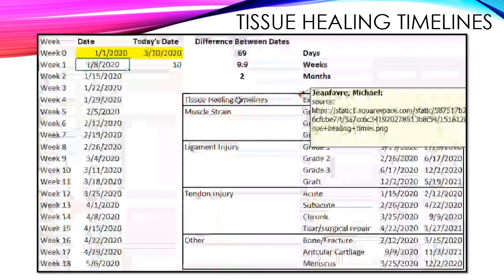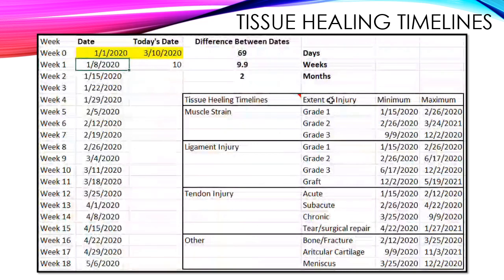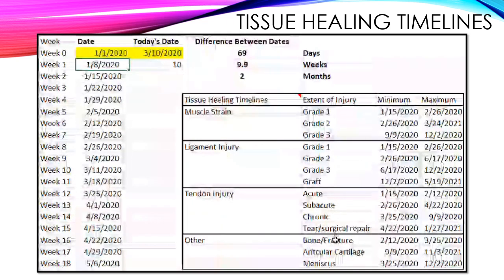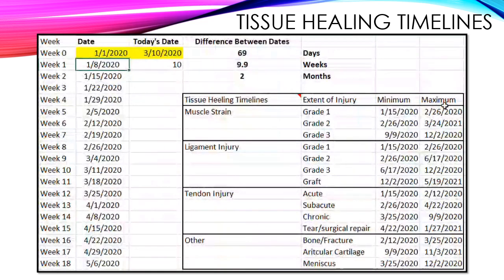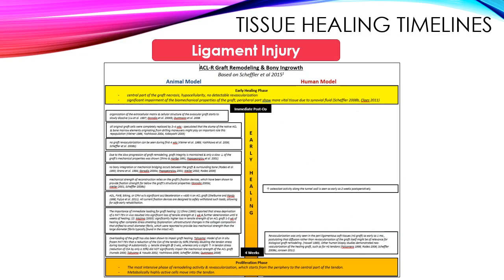Depending on, again, contractile tissue, the extent of the injury, and the variability as far as the minimum and the maximum amount of time there, grade 1, 2, and 3, you can predict the time for bone tissue to be healed, articular cartilage and/or meniscus, and then additionally ligamentous injury and the remodeling of the ligament.